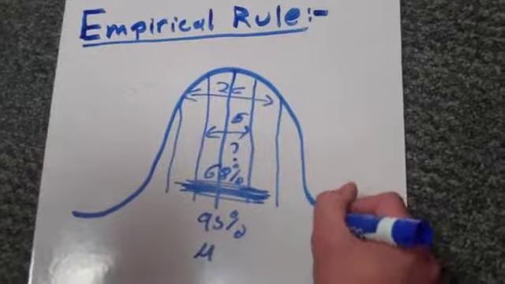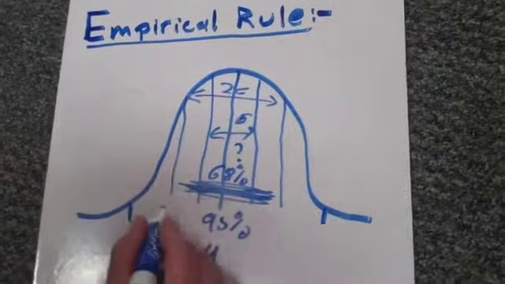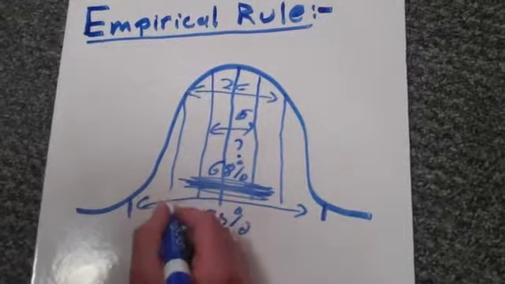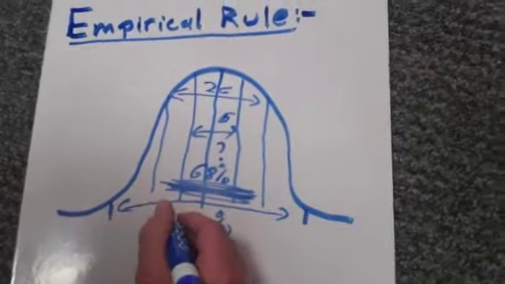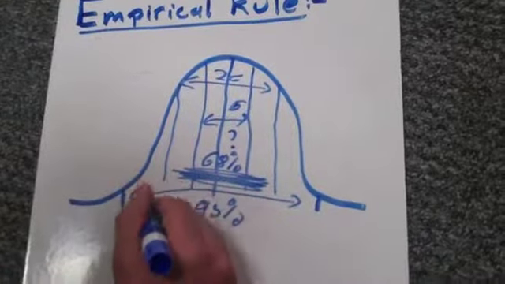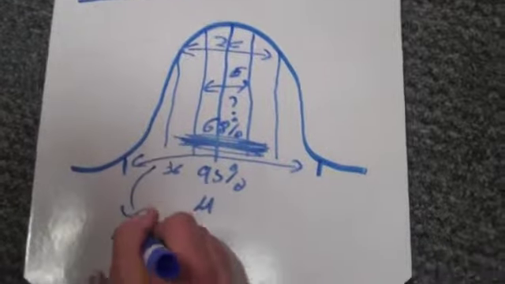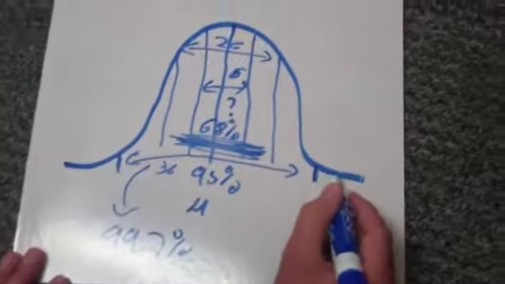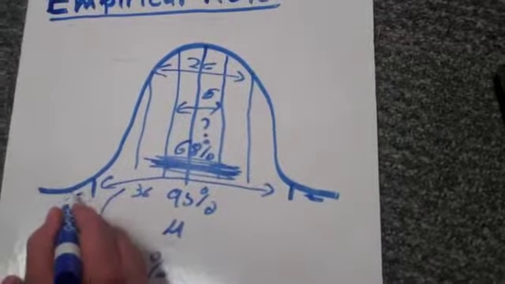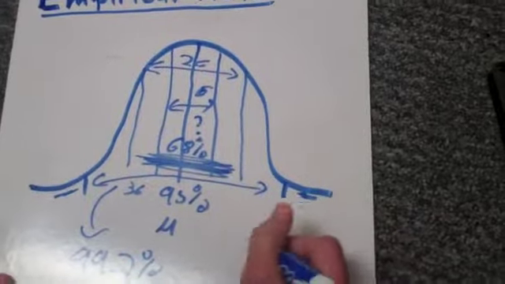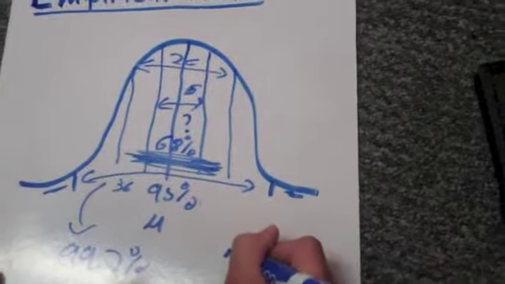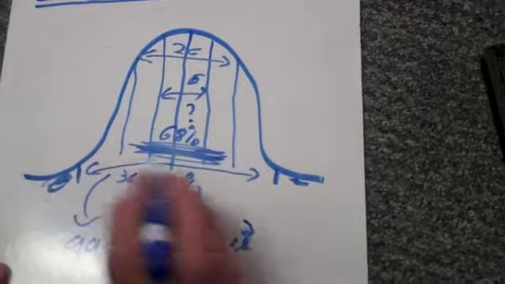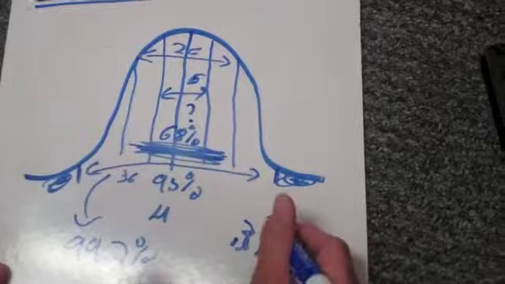And then the last, right here and here, where 3 standard deviations away from our mean, we will have 99.7% of our data, which means that basically between here and between here, it will be 0.3% of our data will be here and here. 0.3%.